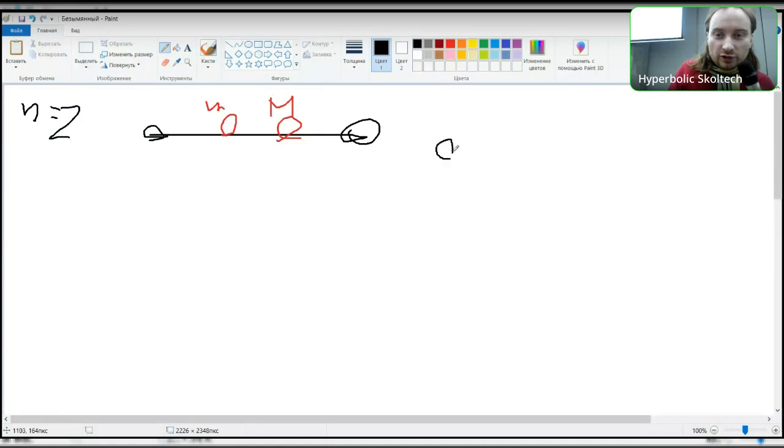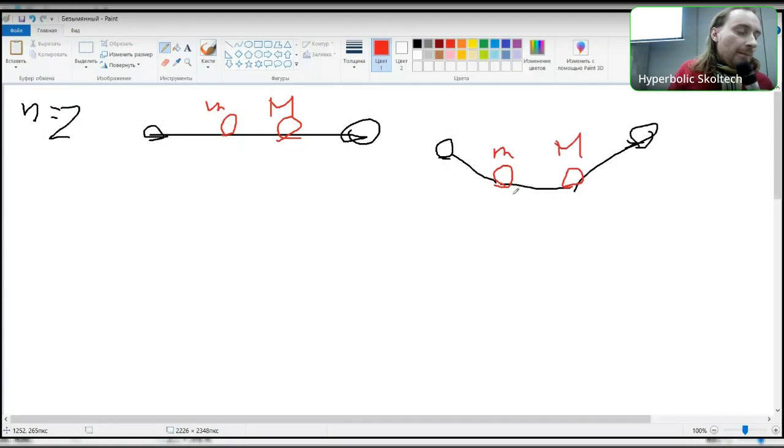So it shortly becomes like this. And what will be the acceleration of the motion towards each other? Actually, acceleration will be proportional to 1 over the distance between them.